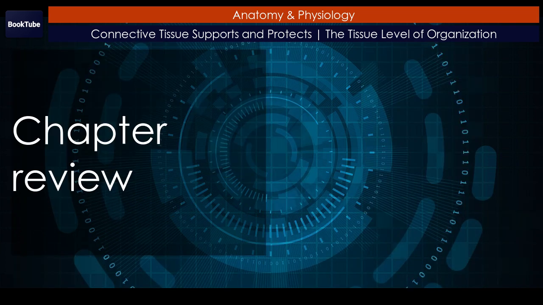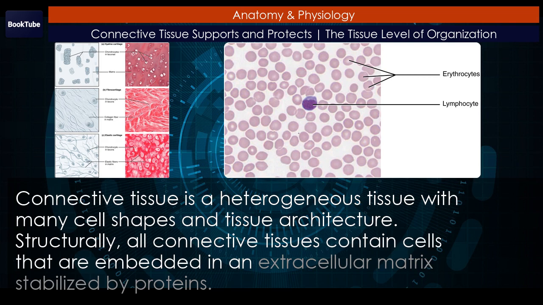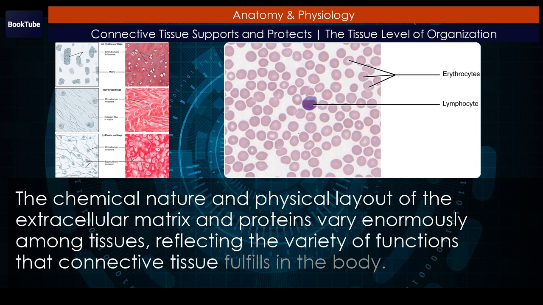Chapter Review. Connective tissue is a heterogeneous tissue with many cell shapes and tissue architecture. Structurally, all connective tissues contain cells that are embedded in an extracellular matrix stabilized by proteins. The chemical nature and physical layout of the extracellular matrix and proteins vary enormously among tissues, reflecting the variety of functions that connective tissue fulfills in the body.